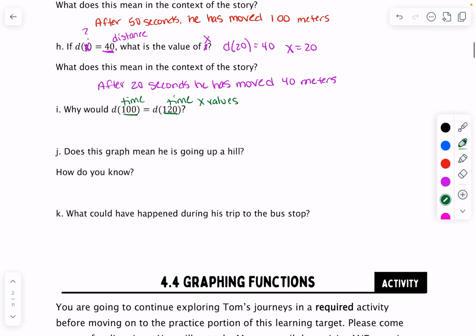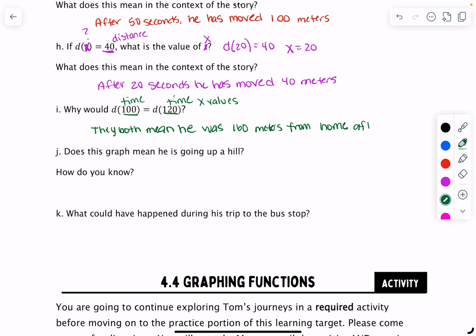So they both mean he was 160 meters from home after 100 seconds and 120 seconds.